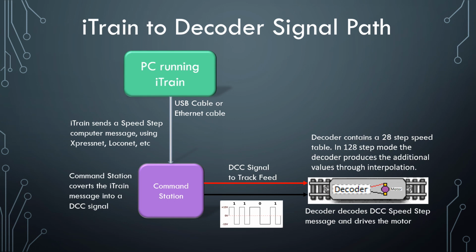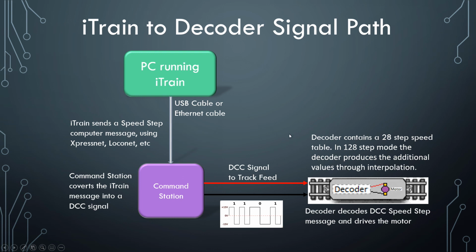So here we have a diagram of how iTrain transmits a speed step command. Here we see the PC running iTrain, here we have our command station, and over here we have our track with our loco on it, and inside there is a decoder which is driving the motor.